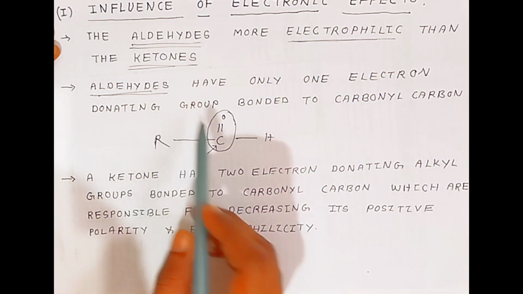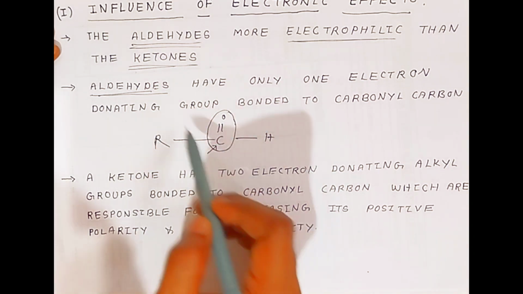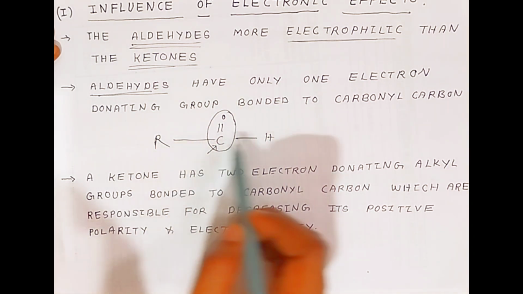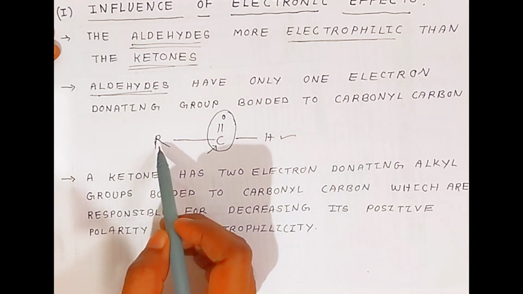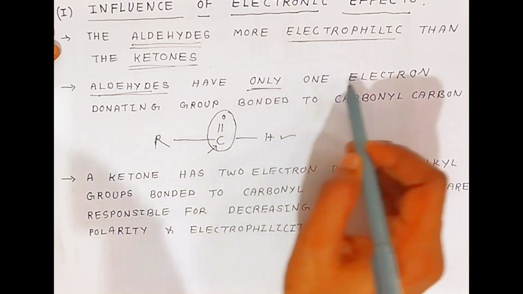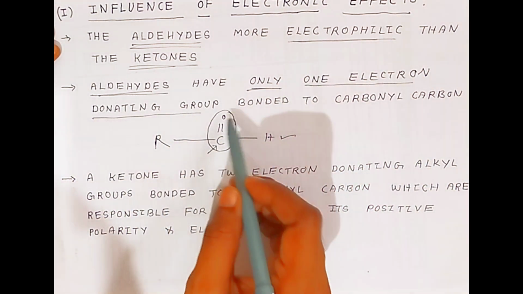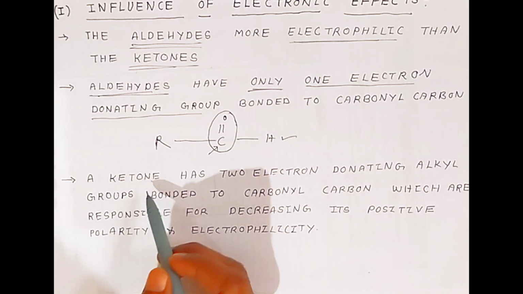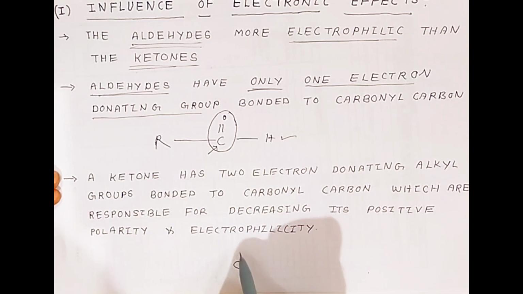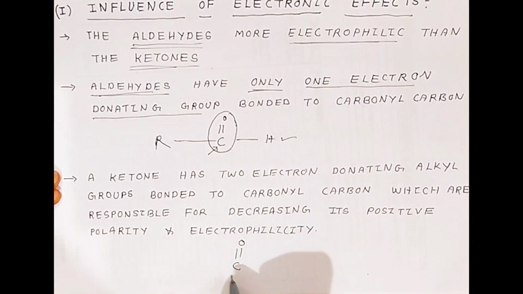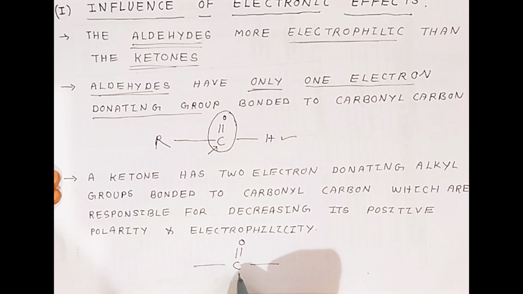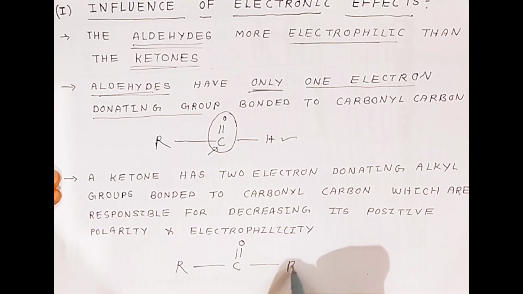In the aldehyde structure, one side is a proton, the other side is an alkyl group. So this is the carbonyl, and only one alkyl group is there. Now, when you are talking about the ketone, both valencies of the carbonyl are occupied by alkyl groups.